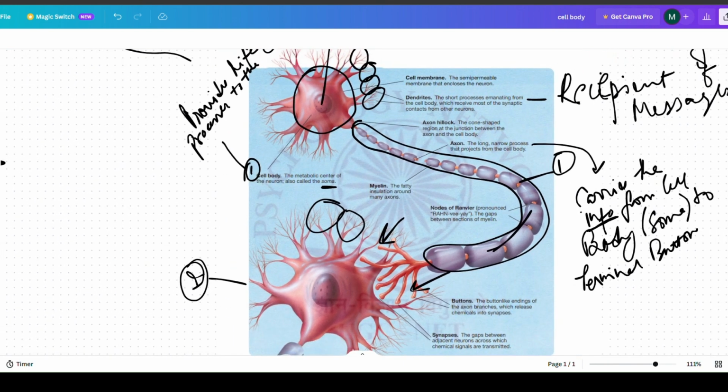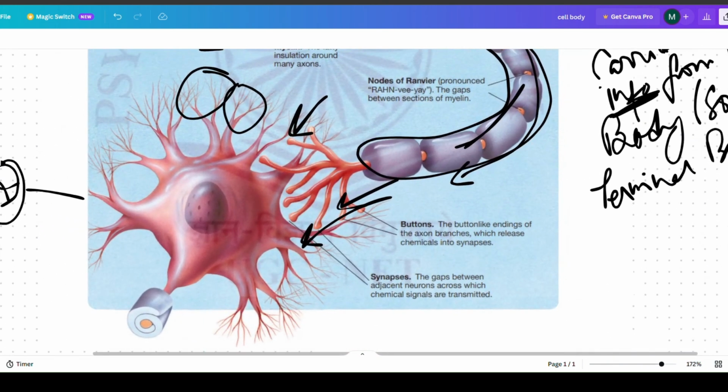Now what information? The same messages which the dendrites are receiving. So the axon carries the information from the cell body to the terminal buttons.